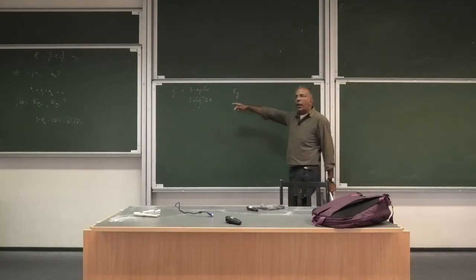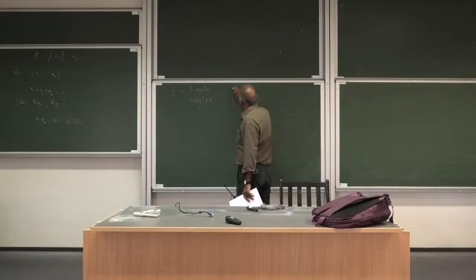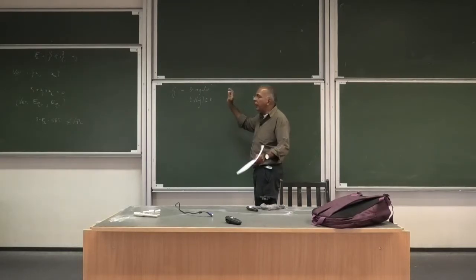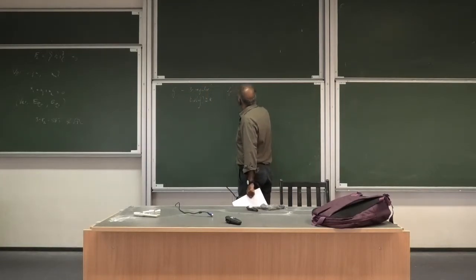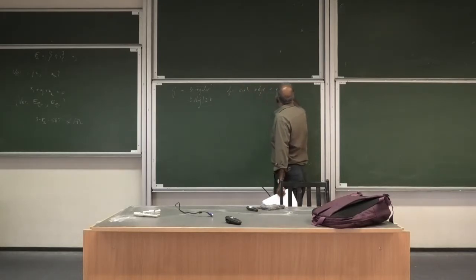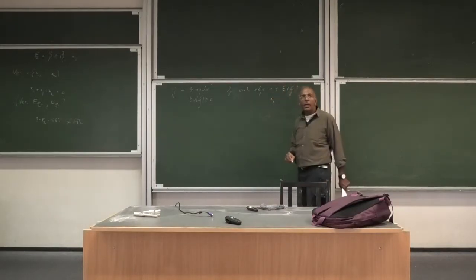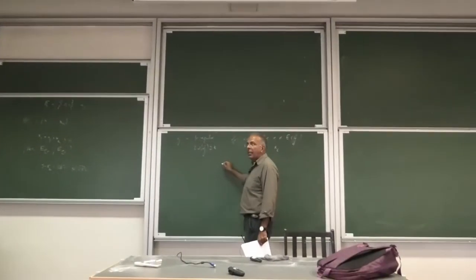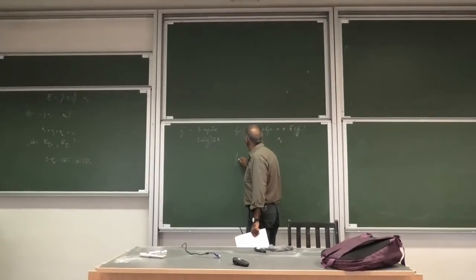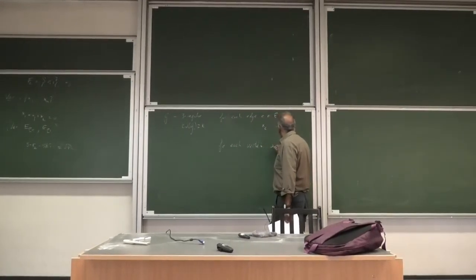So you start with a 3 regular graph, and now put in a variable. First version: put in a variable for every edge of the graph. For each edge of the graph, we have a variable xe, right? And for each vertex, an equation.